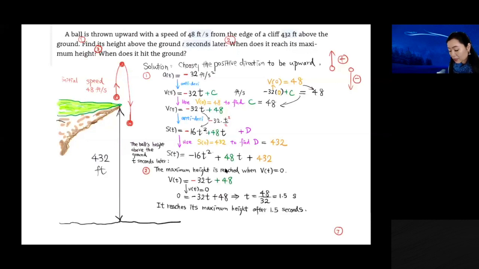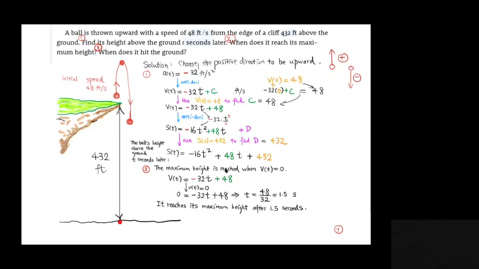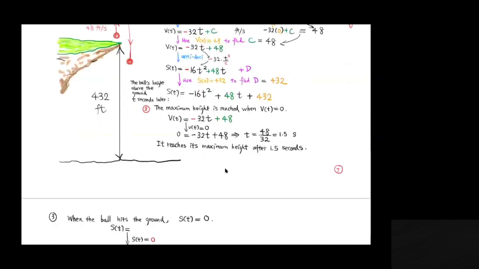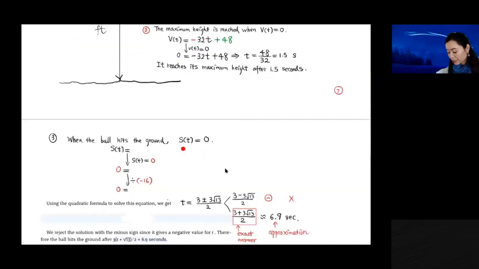Okay. Number 3, when does it hit the ground? When it hits the ground, what will be the position? S(t) will be equal to 0. And we know S(t) is negative 16t squared plus 48t plus 432.